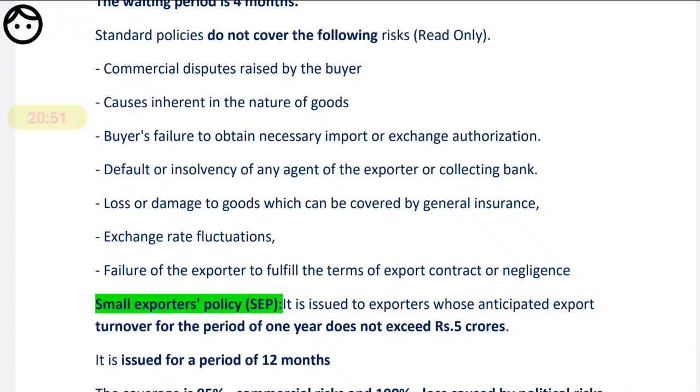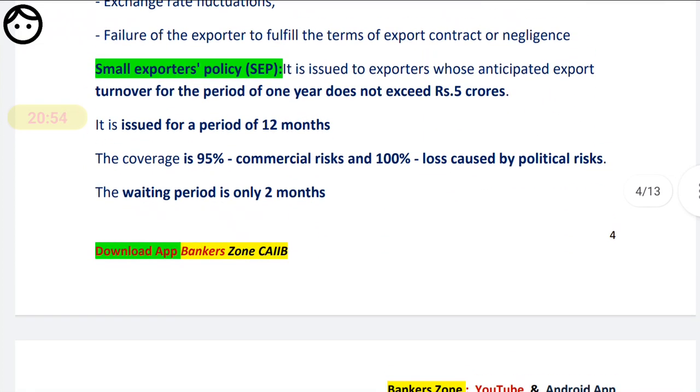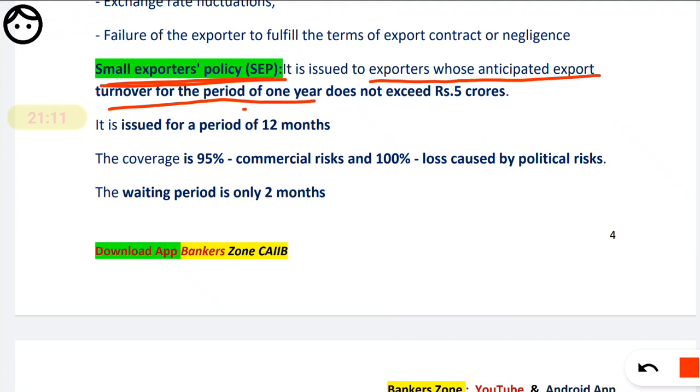Now the next policy we will discuss is the small exporters policy, also called in short the SEP. The name itself is self-explanatory, but you have to remember that it is issued to the exporter whose anticipated export turnover for the period of 1 year does not exceed 5 crore.